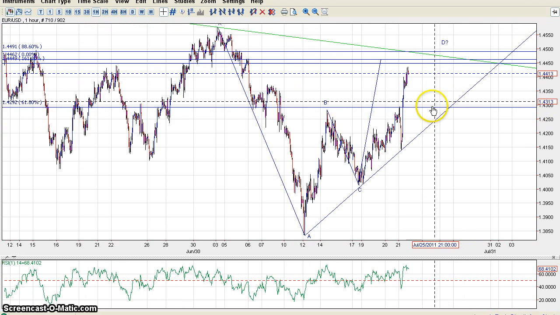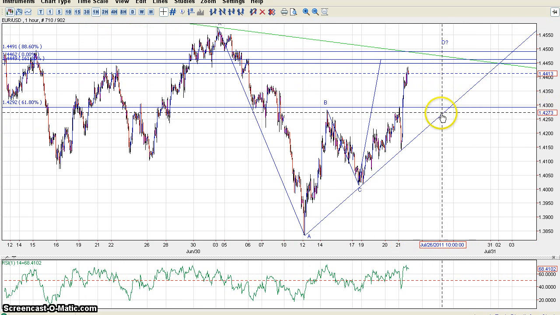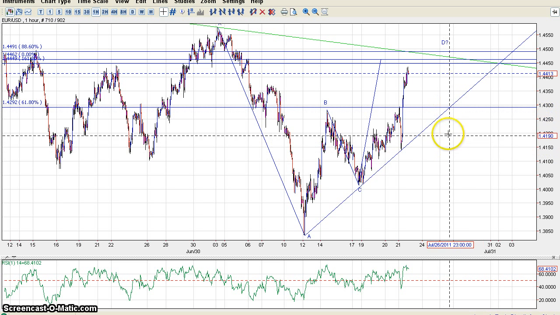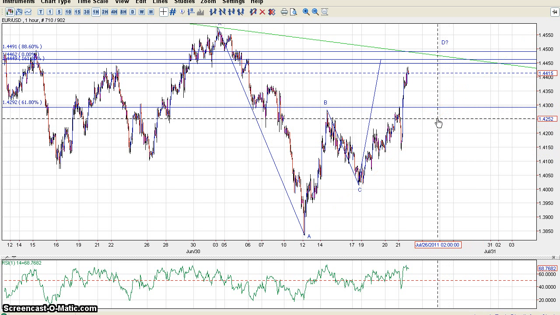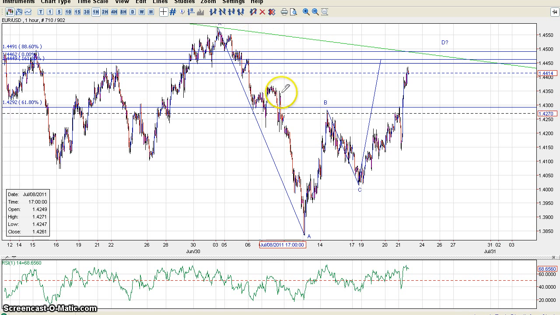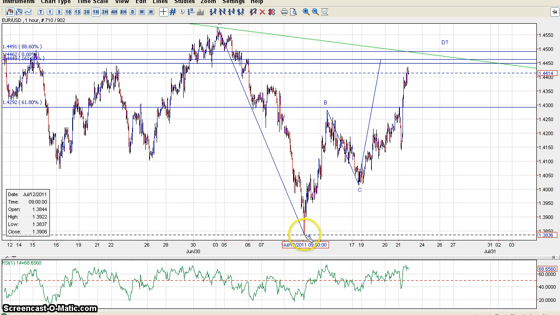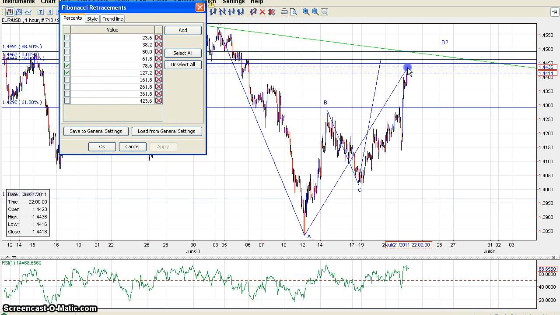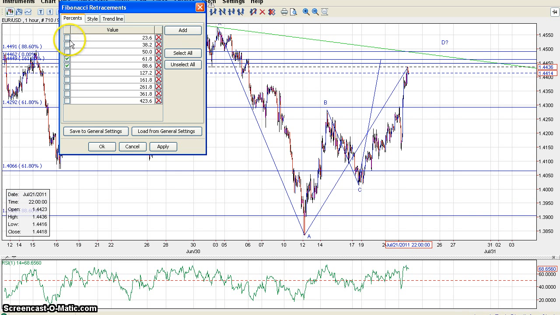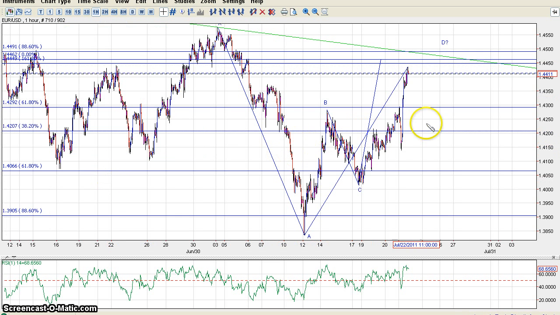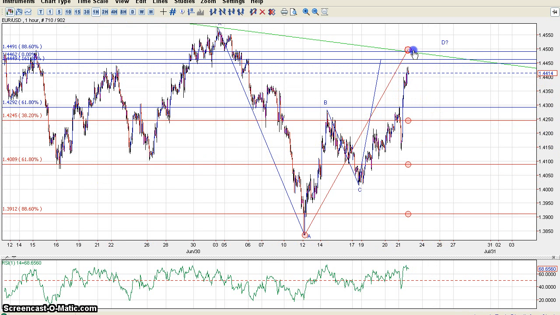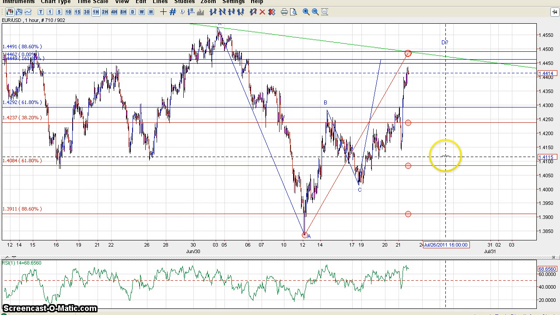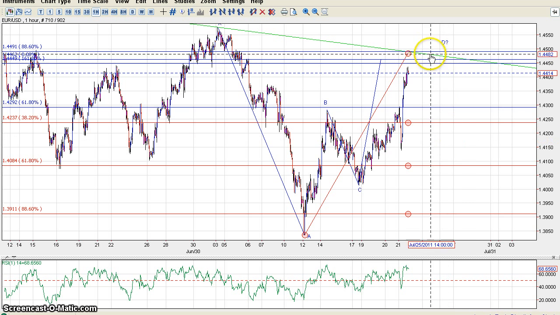Now if price closes below this 1.4300 level and below this trend line, then we've got some downside potential, which could be managed by a Fibonacci retracement of the AD leg. So if I draw a Fibonacci retracement of the AD leg, we've got 88.6, 61.8, and 38.2.